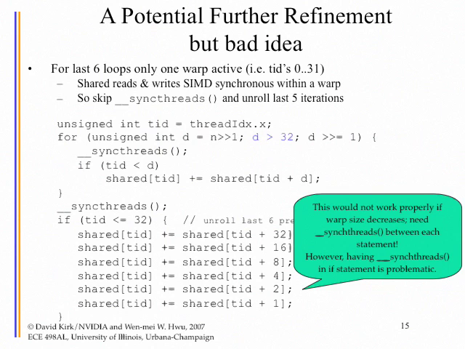So there's an implicit optimization that you made there, that a warp is synchronous with itself. I forgot about synchronization here. So it will not be correct. So forget about this optimization.